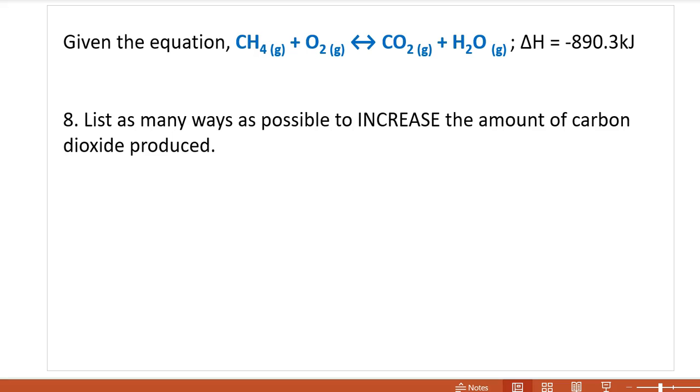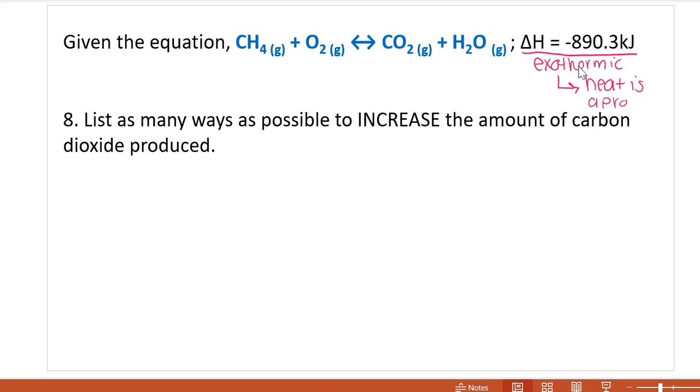Number 8. So first, I have a delta H value that is negative. That means this reaction is exothermic, which means heat is being produced.